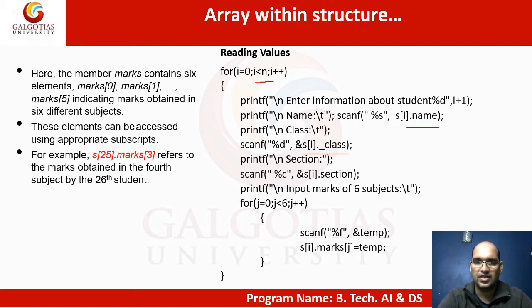Then for j = 0, j < 6, j++. Now here we are just copying the value into the structure. That is, we are reading the value into a temporary variable temp, that is a marks value, and then we are copying that value to s[i].marks[j] = temp.